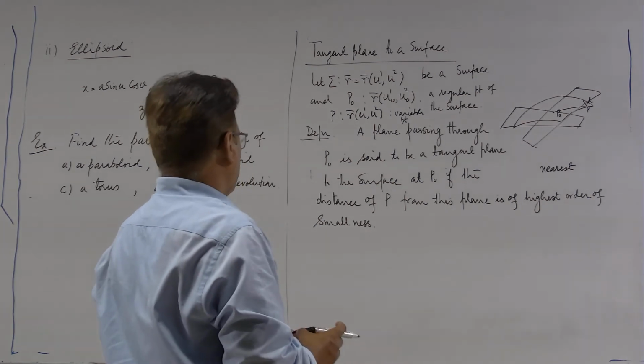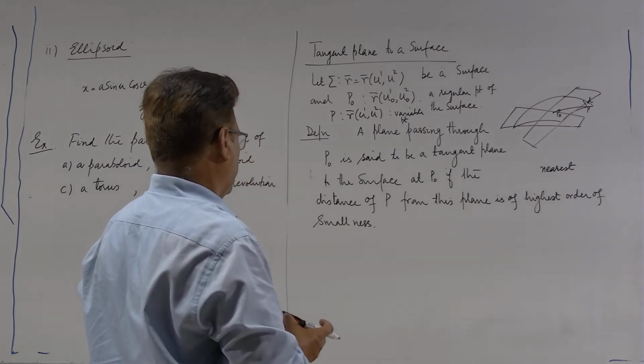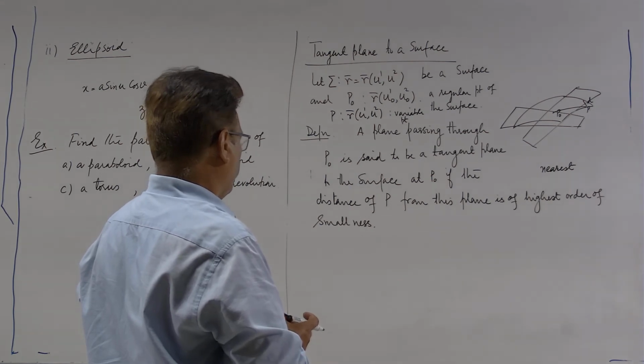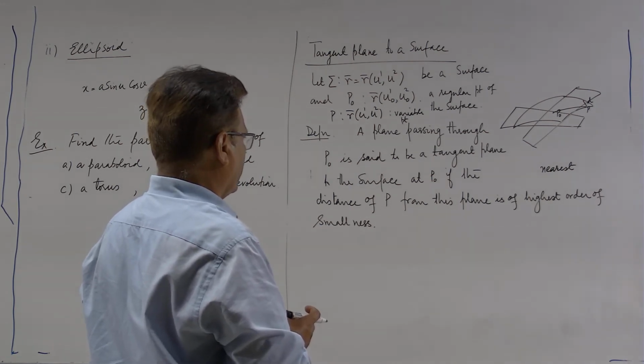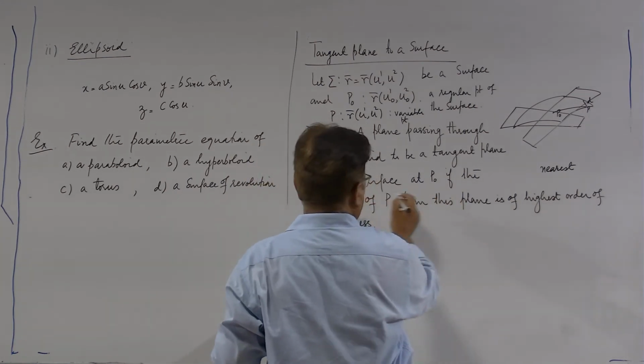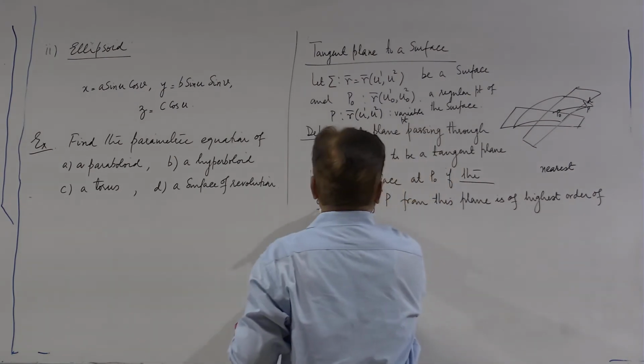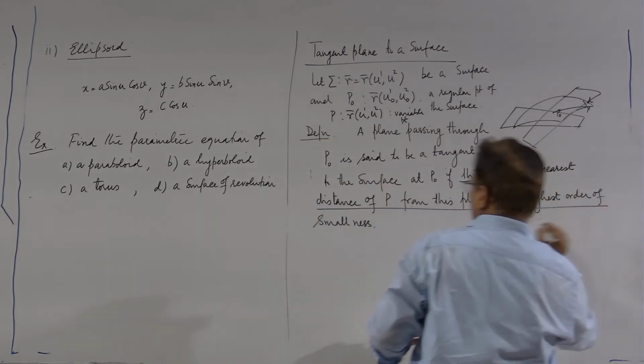A plane passing through P0 is said to be a tangent plane to the surface at P0 if the distance of P from this plane is of highest order of smallness. So, the defining condition is the underlined statement.